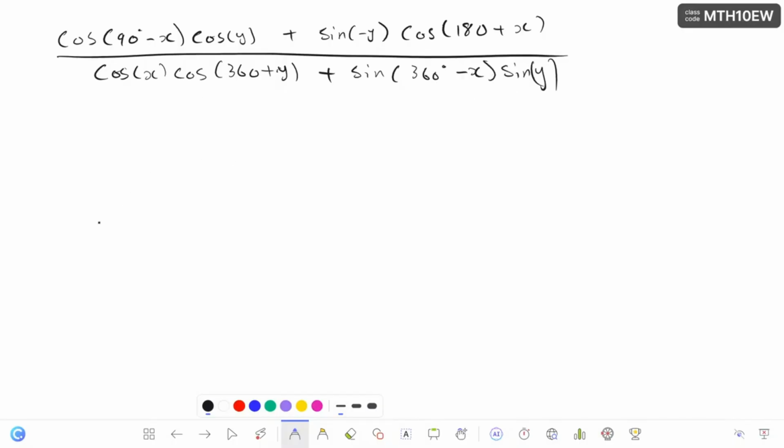So okay, I hope I copied the correct thing. This one is a cofunction. Go and revise the cofunction if you don't know how to do this fast.